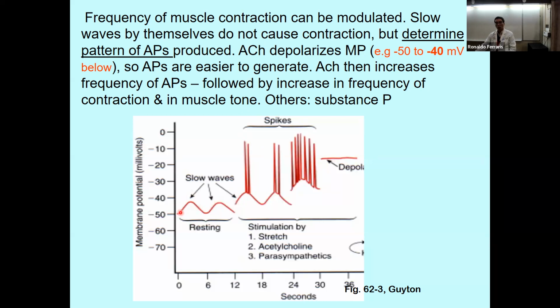So when you depolarize the resting membrane potential, effectively you're moving the goalposts closer. It's like kicking a field goal: instead of the usual 25 yards after a touchdown, it's going to be 10 yards. So it's easier to make an action potential. This is really what happens when you put acetylcholine on your smooth muscles. You have stronger and stronger contractions.